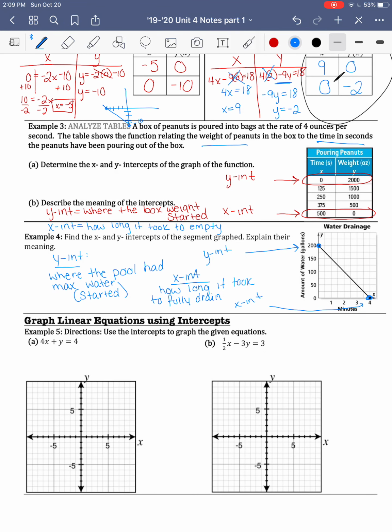So down here, now we're going to actually calculate those x and y intercepts. And like I kind of showed you above, we're going to actually graph. So I want you guys to try and use that trick in finding your x and y intercepts. So we're going to put our x-intercept over here and our y-intercept here.